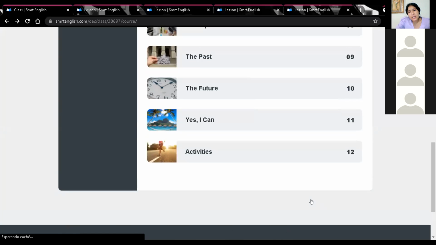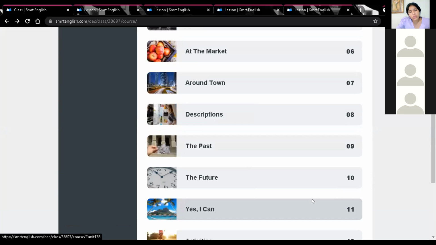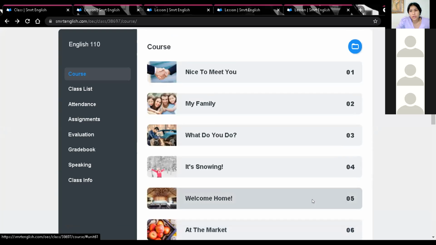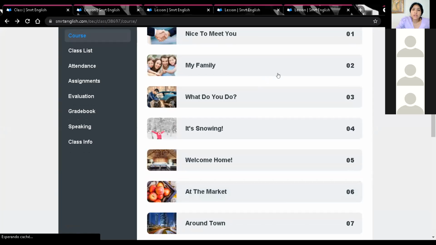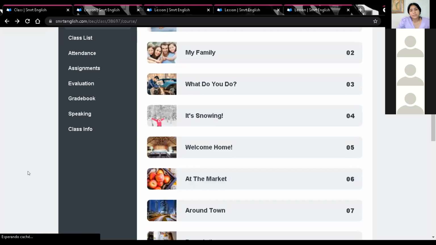And in this group, in the 120 level, we are going to work with the level 3 and 4. You worked with the 1 and the 2 in the last level. So unit 3, what do you do, is going to be for us in the next 2 weeks. And then in the last 2 weeks, we are going to work with the unit 4, it's snowing, okay?